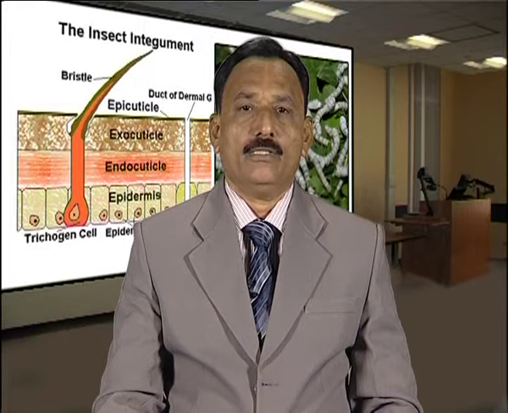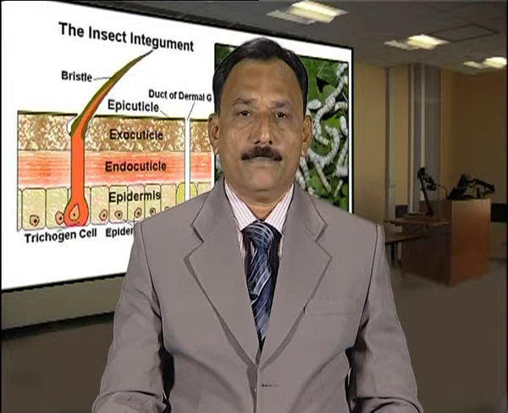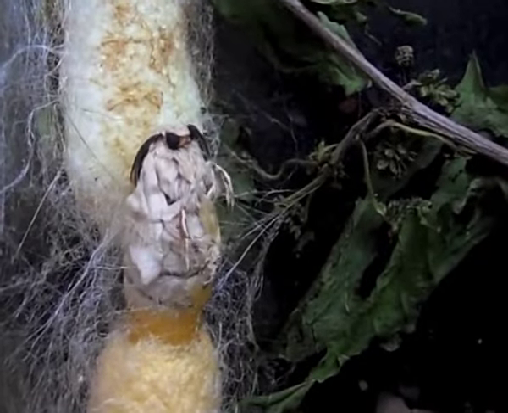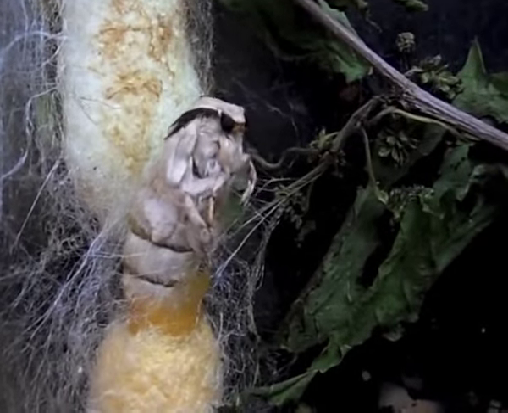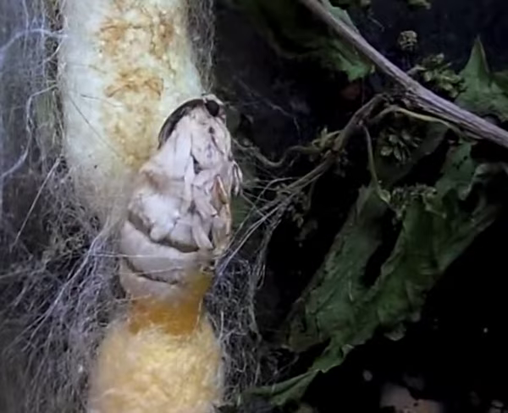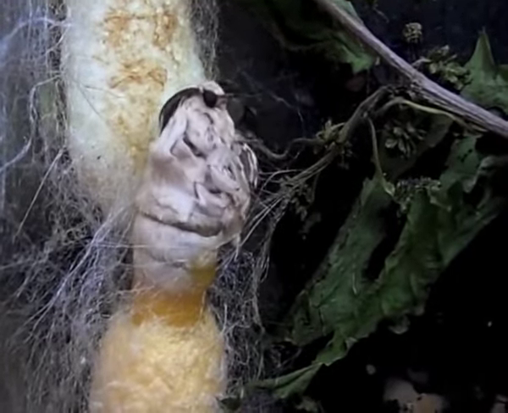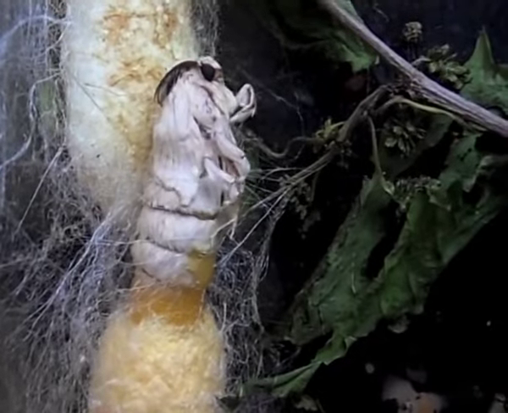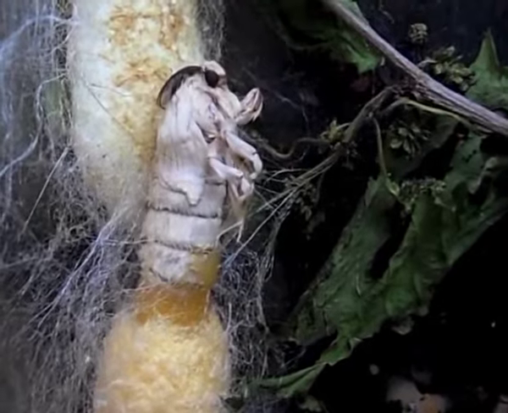In addition, the exocuticle is greatly tanned and harder than that of larvae. The adult integument is similar to pupal integument except covering by scales. The cuticle is composed of 4 layers too, that is epicuticle, exocuticle, mesocuticle and endocuticle.